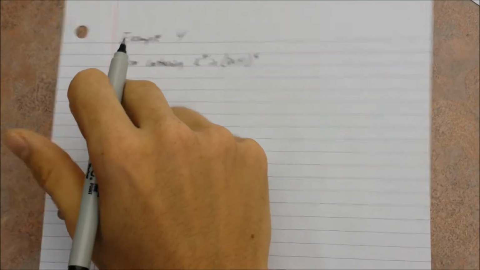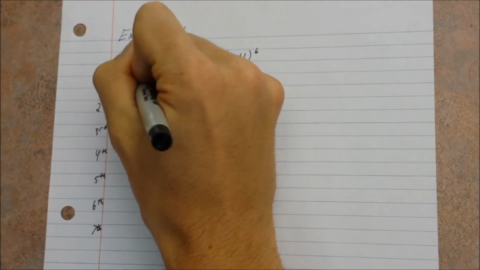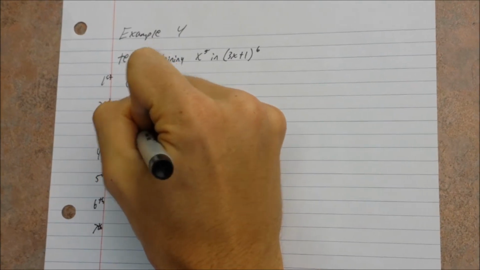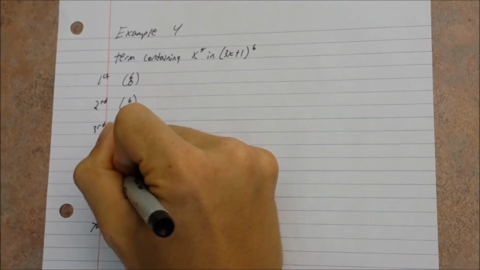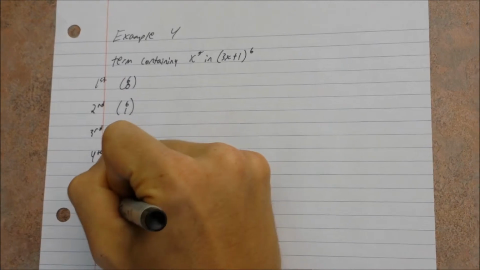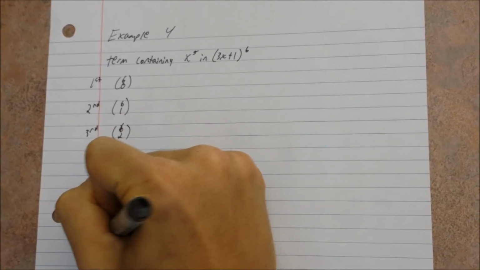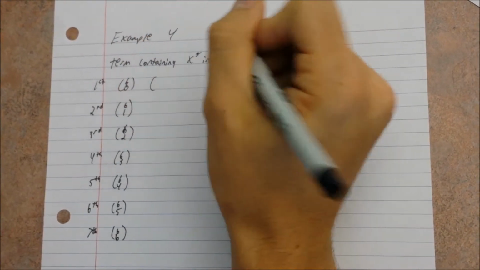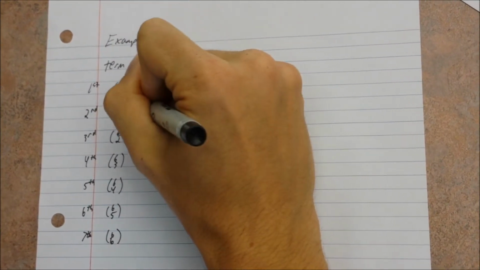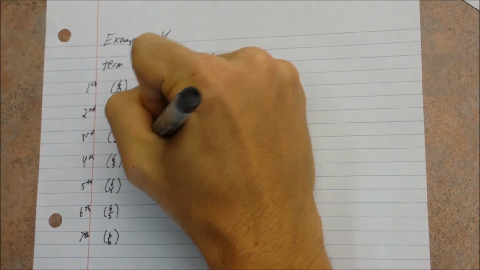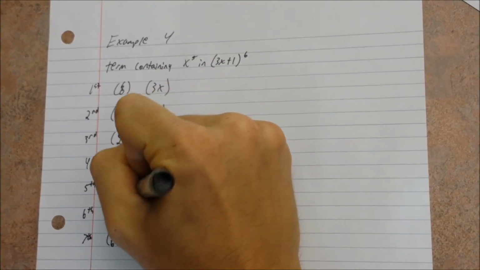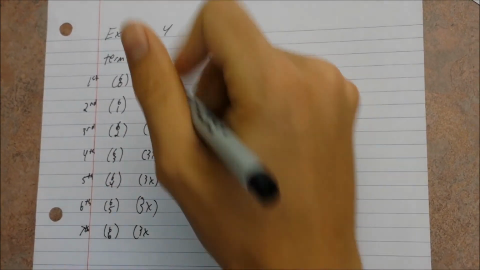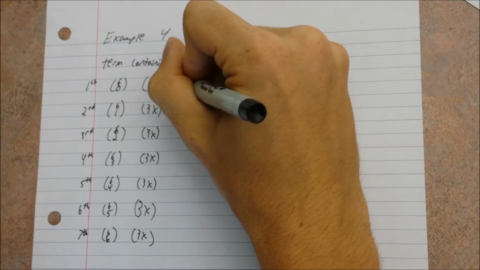Our first row is going to be 6 combination 0, 6 combination 1, 6 combination 2, 6 combination 3, 6 combination 4, 6 combination 5, and 6 combination 6. And then we put down our a value, which is going to be 3x, and then our b value, which is 1.